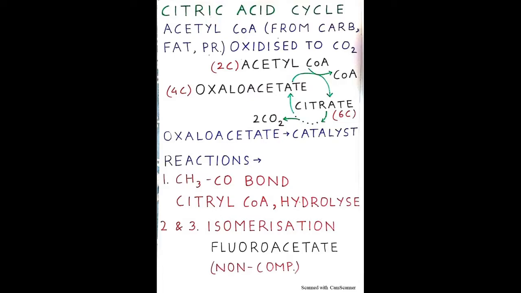Now, since oxaloacetate is required in a small amount and acetyl CoA, a large amount, is converted continuously to carbon dioxide, oxaloacetate here can be considered as catalyst in this metabolic cycle.